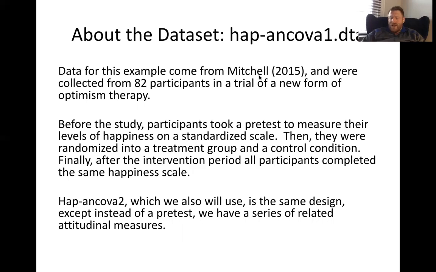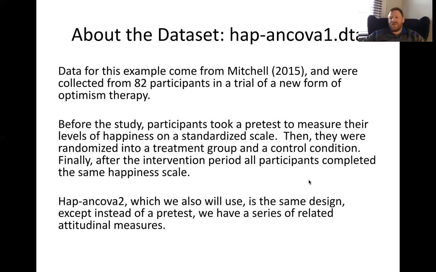The data set we're going to look at for this week is a classic ANCOVA design. We have 82 folks who participated in a trial of a new therapy focused on encouraging optimism. The outcome here was happiness, so we're looking at happiness before and happiness after this randomized optimism treatment. There was a treatment and control group, and after that period, people took a pre-test and a post-test.